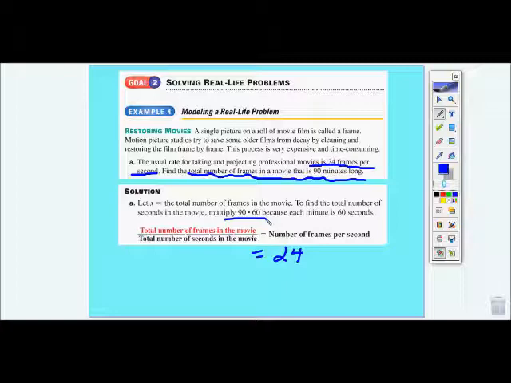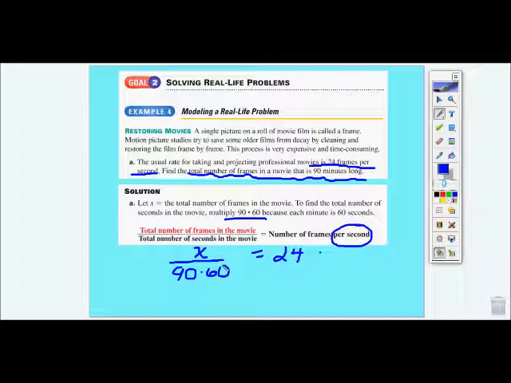Our other one here was our number of frames per second. So we need to do the 90 times 60. We want to know the total number of frames, and we're going to make that 90 times 60.